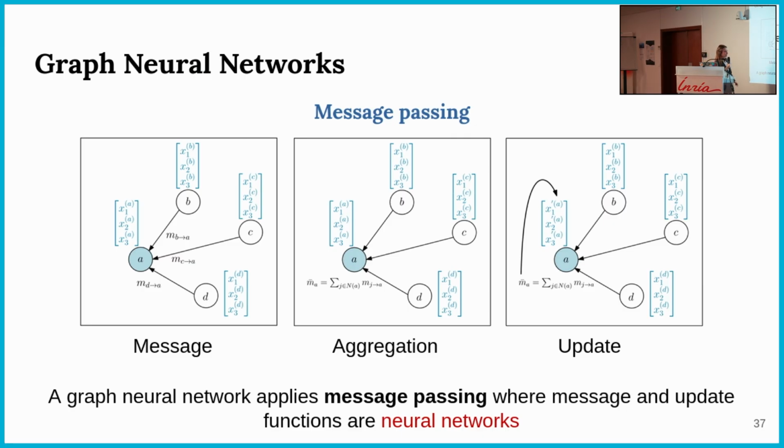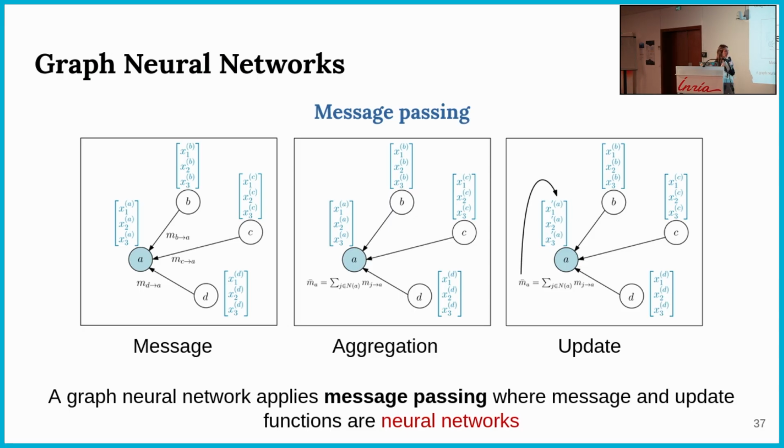After that, there is the aggregation step, the second step, in which we collect all this information using a permutation invariant function, in this case the sum, and so we obtain m bar. In the last step, we use that to update the current information of node A.